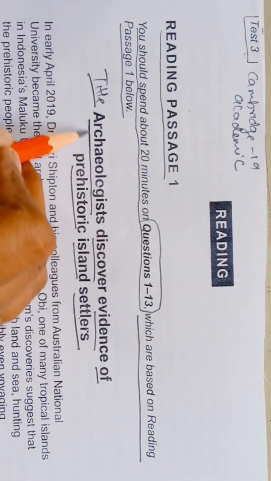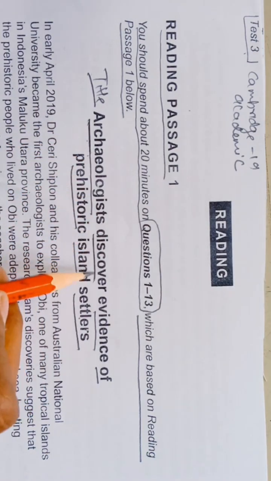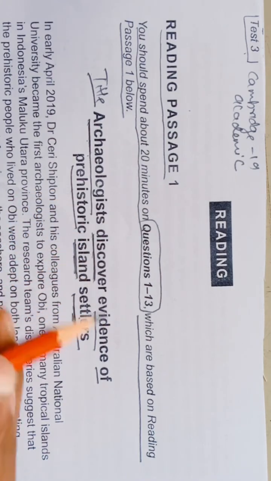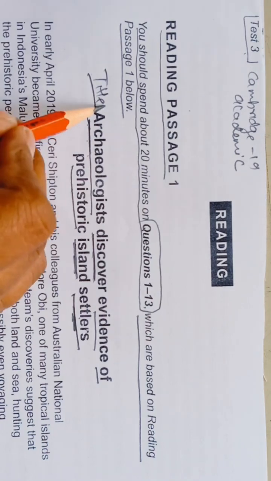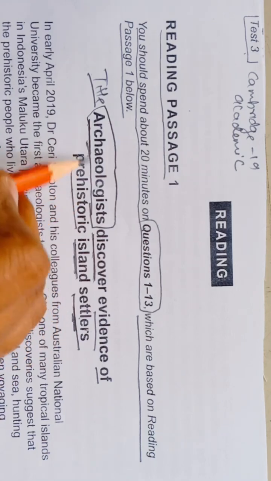As the title suggests, there must be something regarding the discovery of prehistoric island settlers. So, what do you mean by archaeologist? Archaeologist means a scientist who studies past culture and people by examining and excavating material remains.